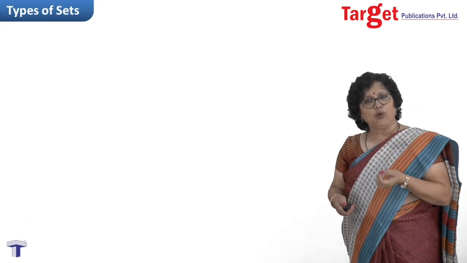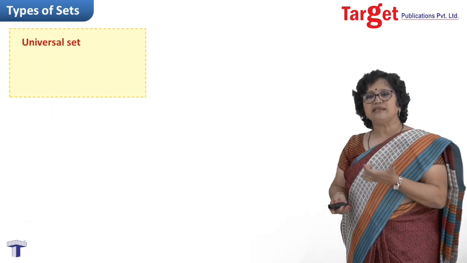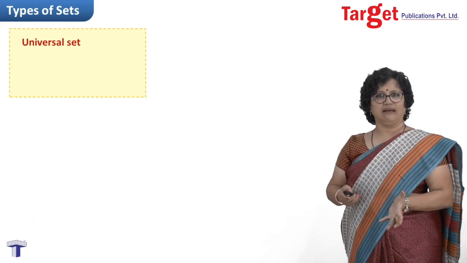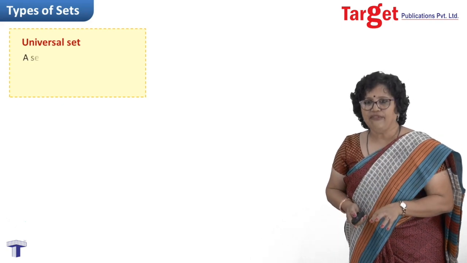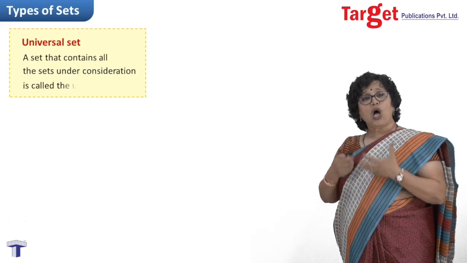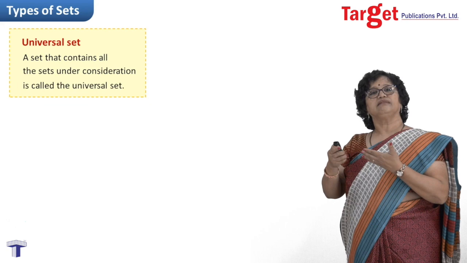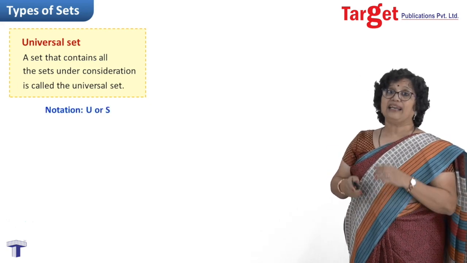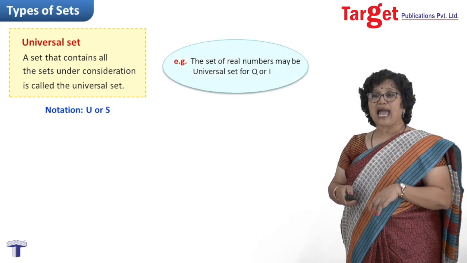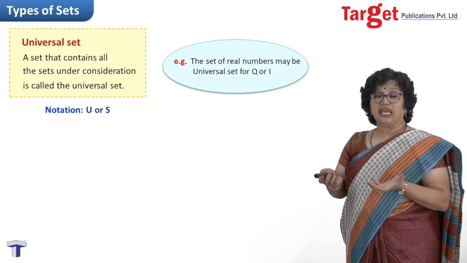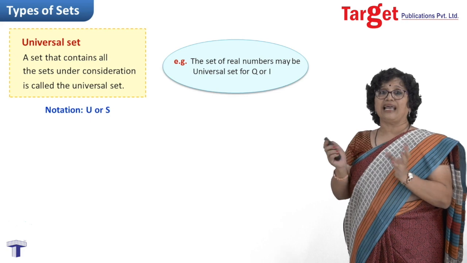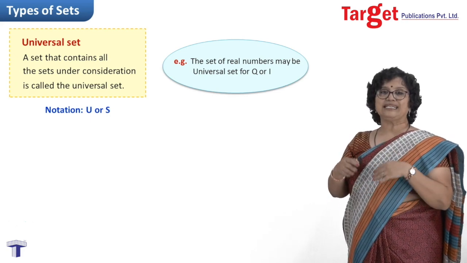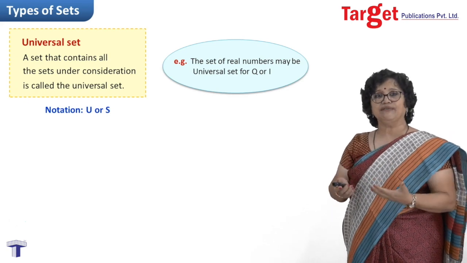Now, two more types we will define. One is the universal set. The universal set is the biggest set you can think of in your example. We say a set that contains all the sets under consideration is called the universal set. For example, if I am considering only rational numbers, that is, if my set of consideration is Q, then the set of real numbers can work as the universal set.